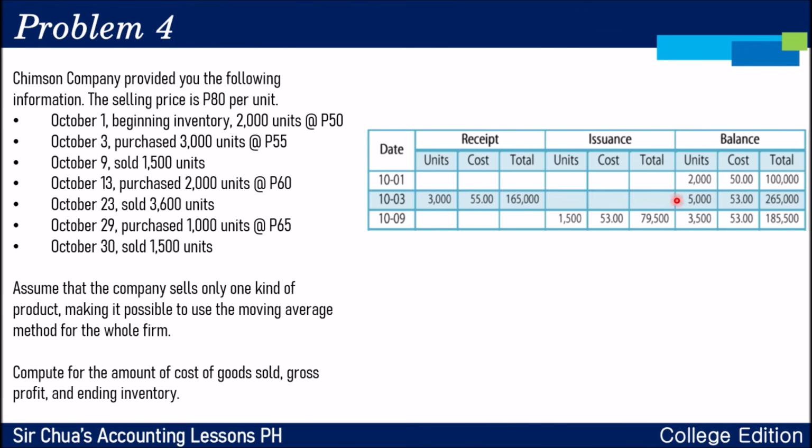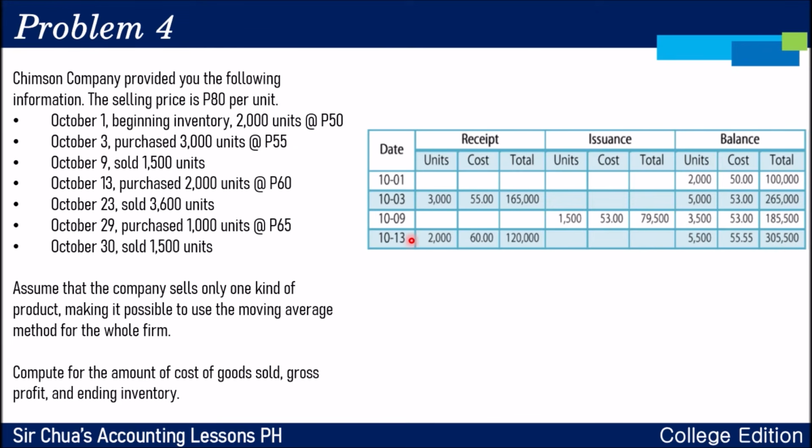Paano ngayon yung balanse? 5,000 minus 1,500. Still at 53. Okay? 185,500. O, may bago ka na naman purchase pagdating ng October 13. 2,000 units at 60. So, 3,500 plus 2,000, 5,500. 185,500 plus 120,000, 305,500.